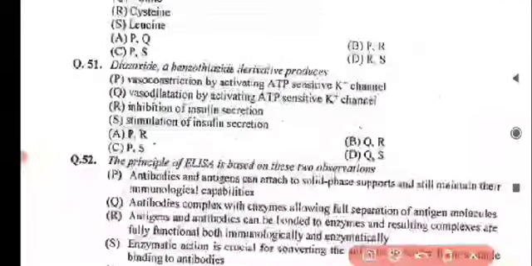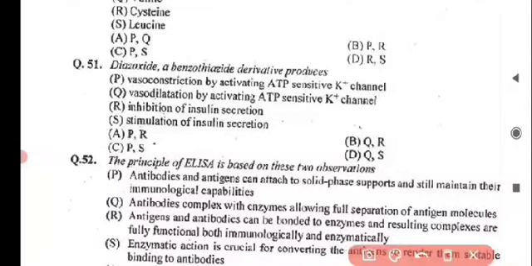Now the next question is, diazoxide, a benzothiadiazine derivative, produces, and the correct answer is option D, Q and S, that is vasodilation by activating ATP sensitive potassium channel and by stimulation of insulin secretion.